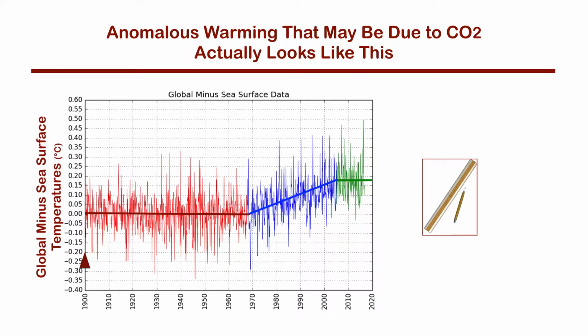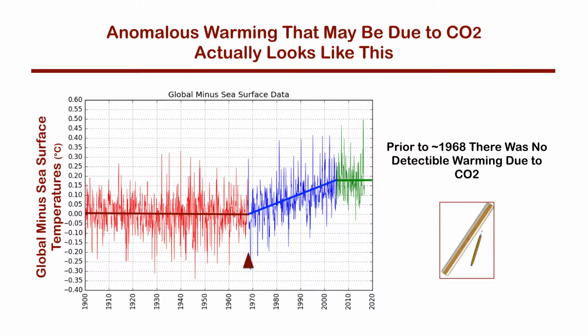So the actual anomalous warming that may be due to CO2 actually looks like this. Once again, we could have drawn these lines using a pencil and a ruler. I actually did an analysis to do a least mean squares fit and so forth. But I could have drawn these same lines freehand without even using a ruler, and the conclusions would have been the same.